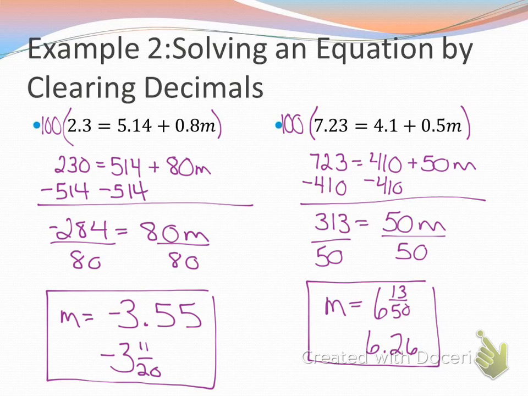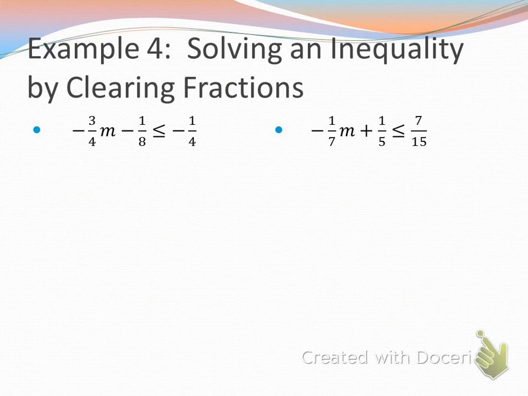Now the last thing we need to learn is how you clear inequalities. Well, what have we been doing all along? Okay, this is the same thing. So to clear an inequality, I first must find the LCD. I need to find the LCD of 4, 8, and 4.